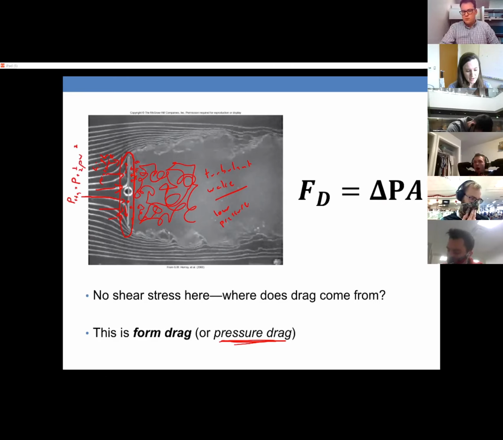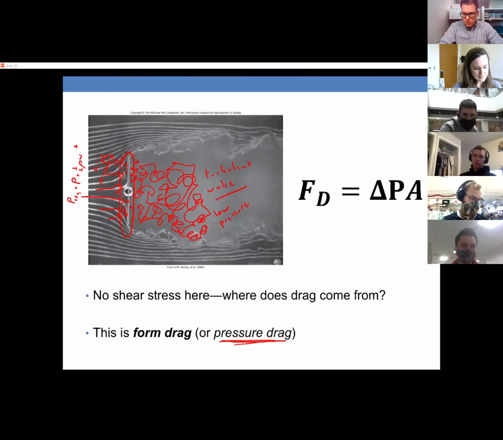So first of all, the pressure on the front will be higher because the flow hits it, stagnates, and the pressure rises. And then over here, it is just flowing around. Part of the reason is the velocity there will be high, so that will lower the pressure, but also energy is lost by all of the turbulence swirling around in there.